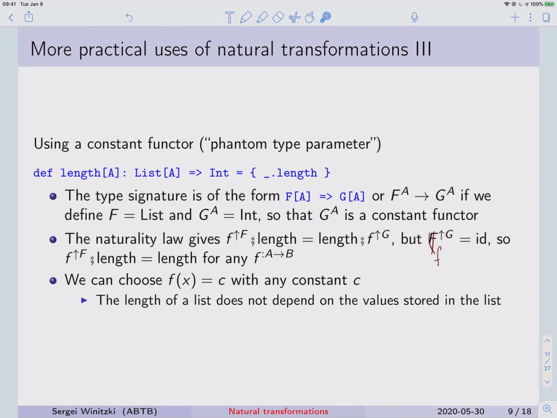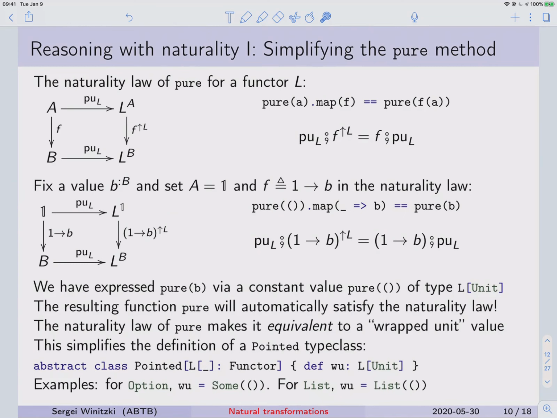So that is an interesting fact, that the naturality law gives you already some important information about the behavior of your function, even though you have not ever actually examined the code of this function. Now, these are practical examples that you could use in your coding.